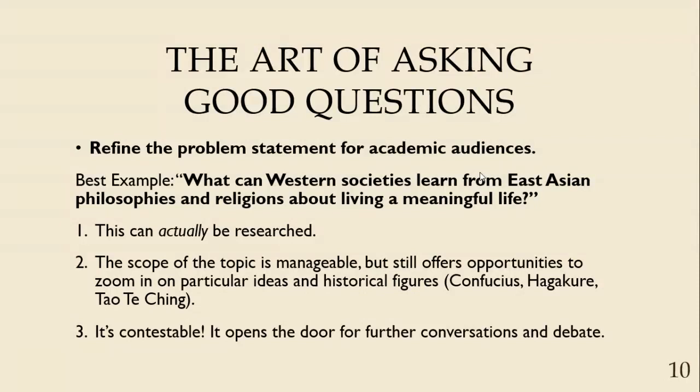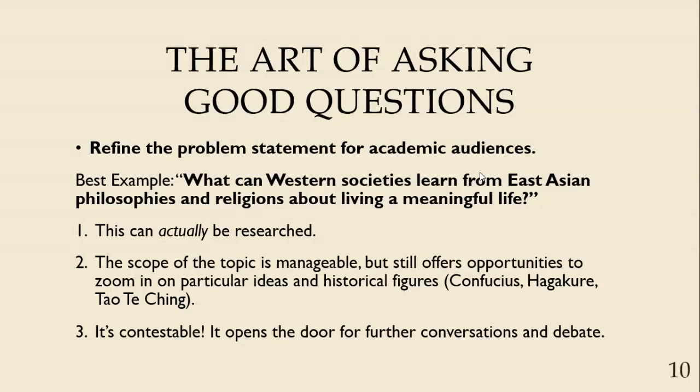The scope is manageable. We can zoom in on some particular ideas: Confucius, Hagakure, Tao Te Ching. We've got different avenues. It's still debatable. There's still some conversation and debate around it. But the big thing is, it's contestable, right? It's not based on belief.